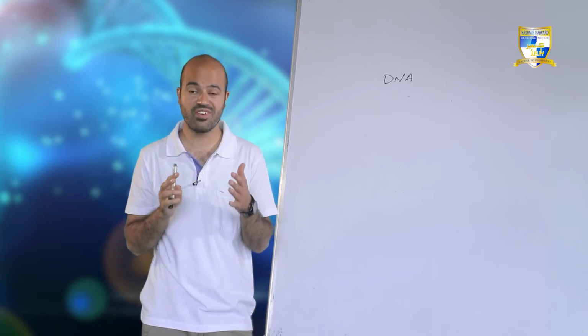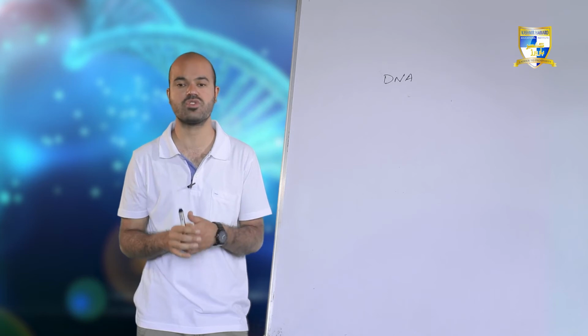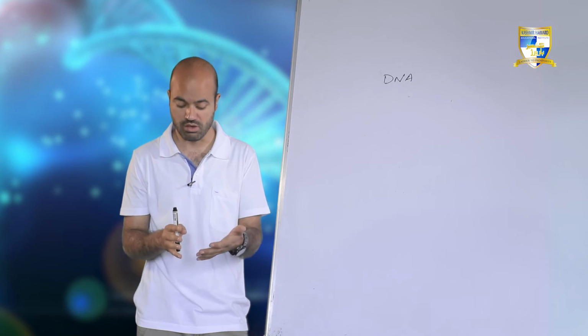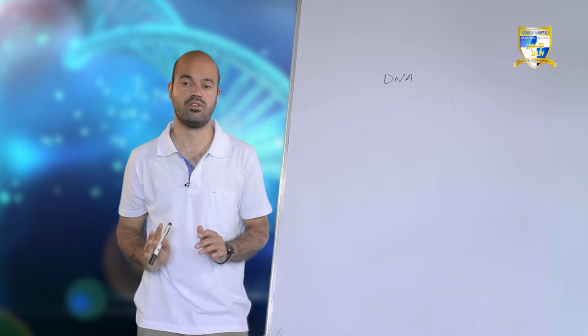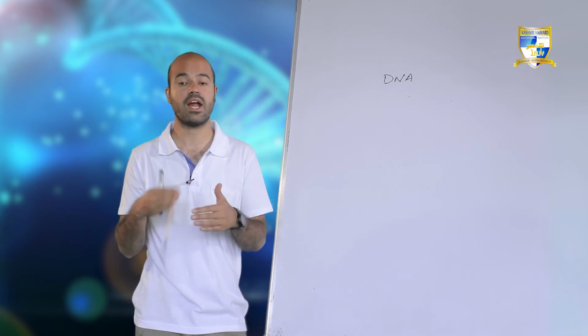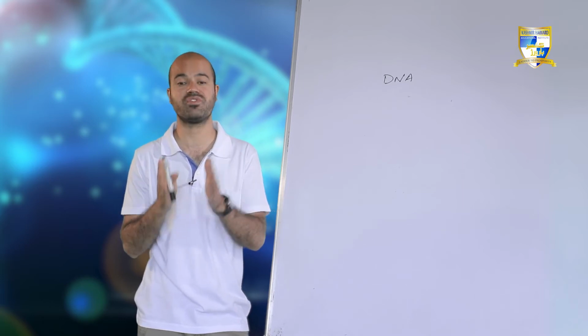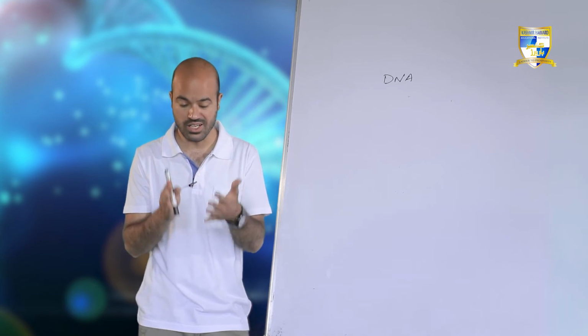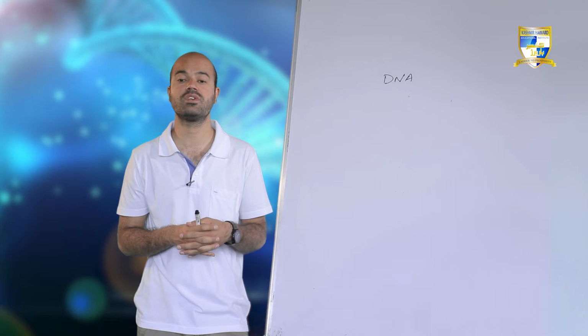DNA was first isolated by Frederick Miescher in 1869 from the nucleus of pus cells.